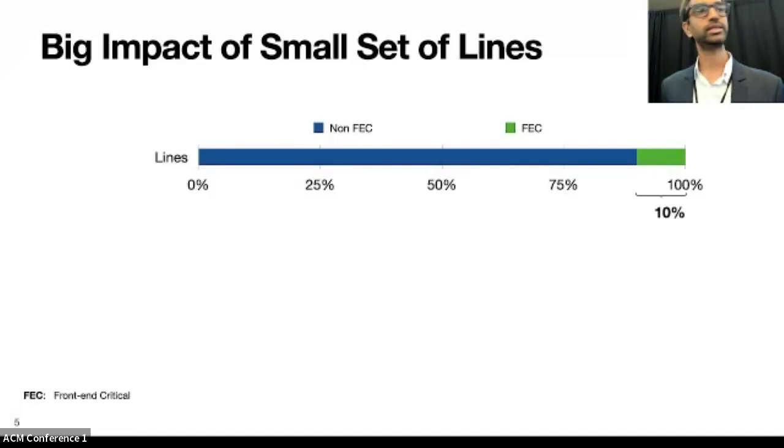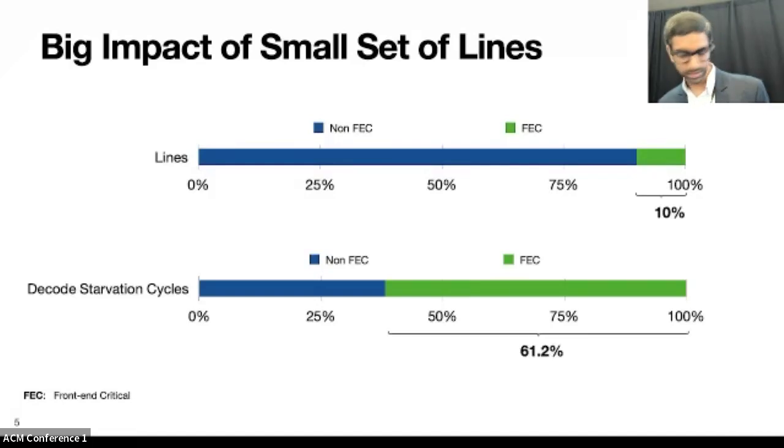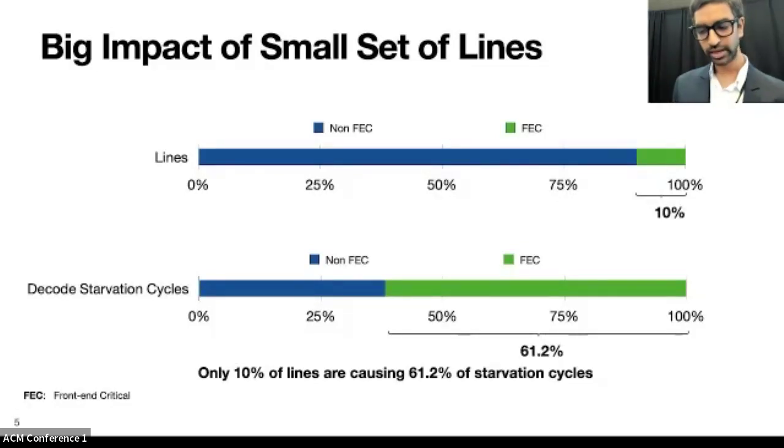To understand the impact of this, let's look at the distribution of decode starvation cycles. It shows that FEC lines, only 10% of lines, are contributing to 61% of all stalls in the pipeline. To understand the performance impact, let's look at what if we could ideally prefetch these FEC lines.